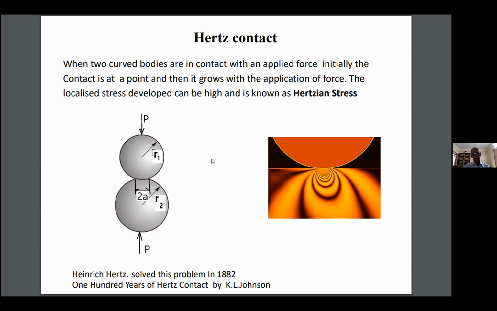And this is a typical, much quoted picture which shows that the stresses are developed here. This is a photoelasticity picture. Photoelasticity is a method of finding out the stress distribution at the contact or at any loaded body. So this shows the stresses developed at the contact.